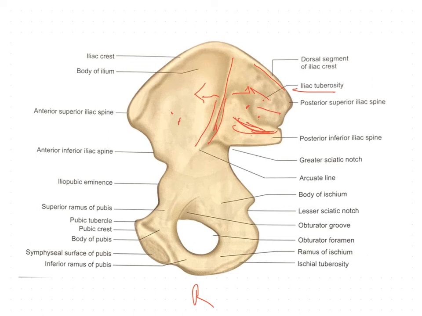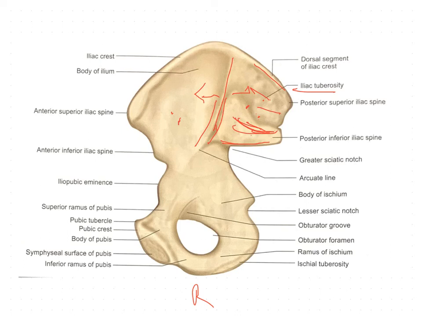The pelvic surface is smooth and lies anteroinferior, in front of this. In 3D we can find this surface very easily. It forms a part of the lateral wall of the true pelvis.